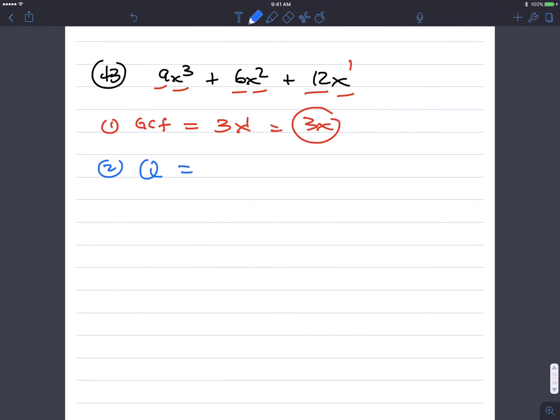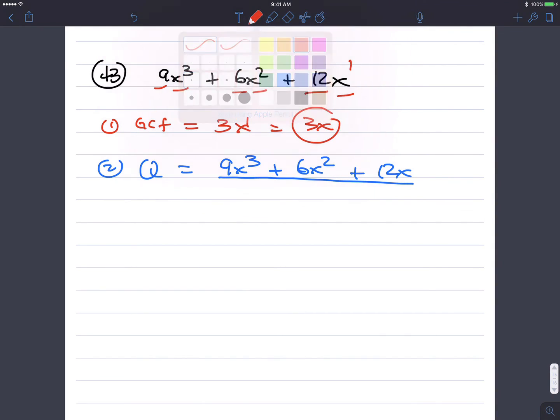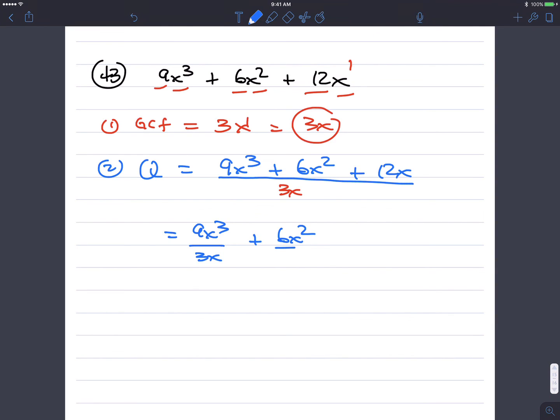Now my quotient again has 3 terms. 9x cubed plus 6x squared plus 12x divided by 3x, divided by the GCF. So this is 9x cubed over 3x plus 6x squared over 3x plus 12x over 3x.